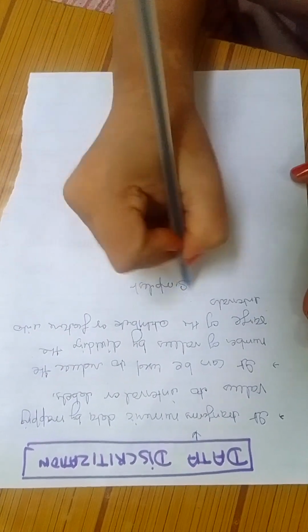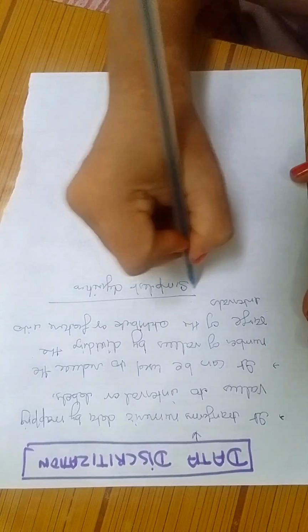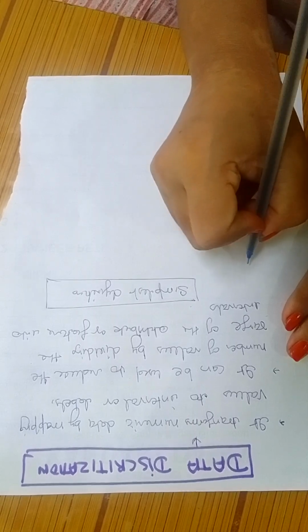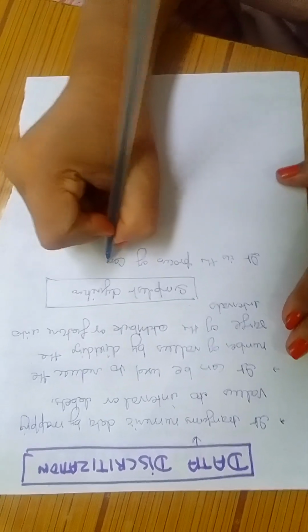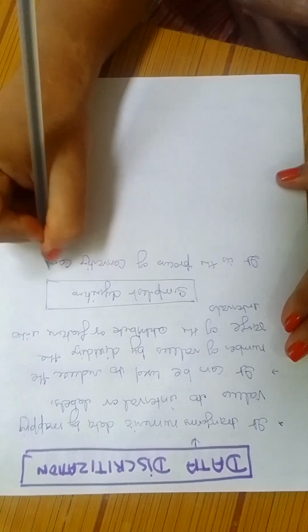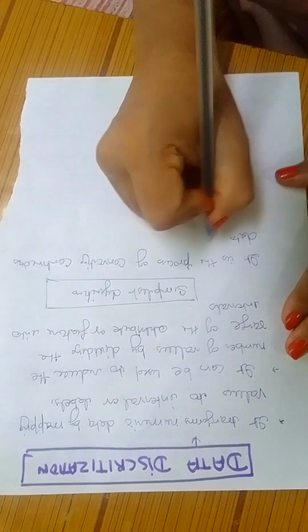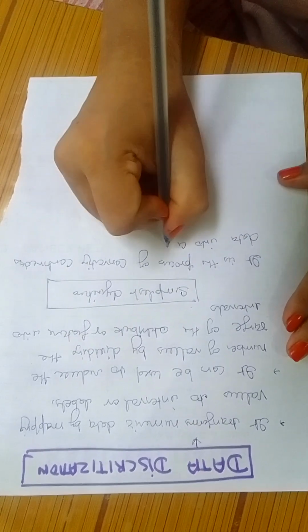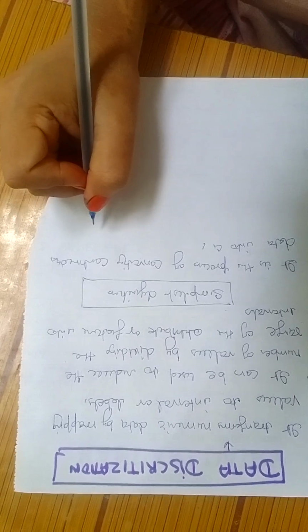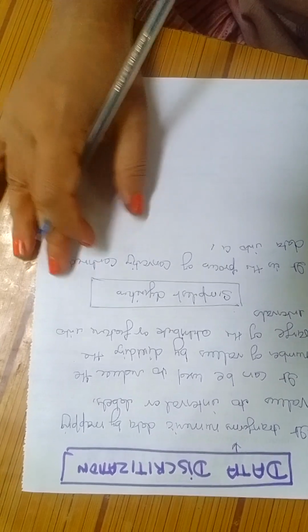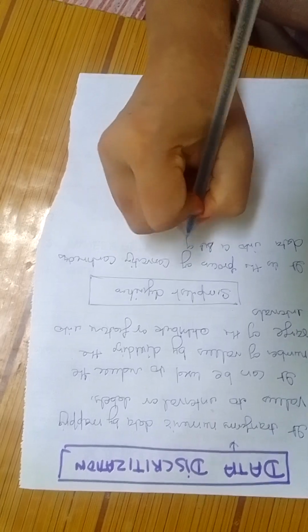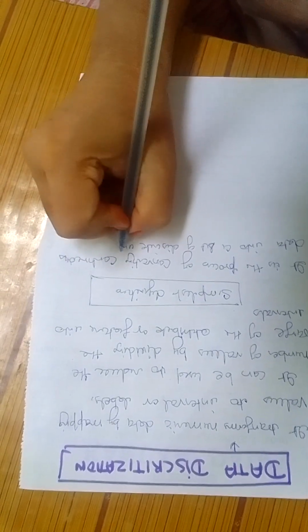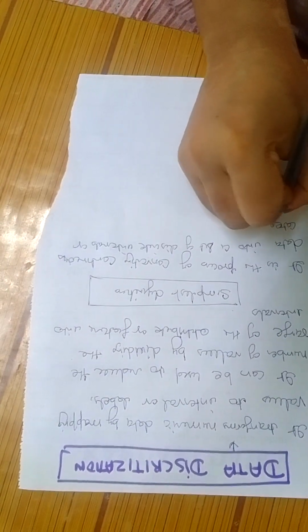But the simplest definition, which you can easily learn, is: it is the process of converting continuous data into a set of discrete intervals or categories.